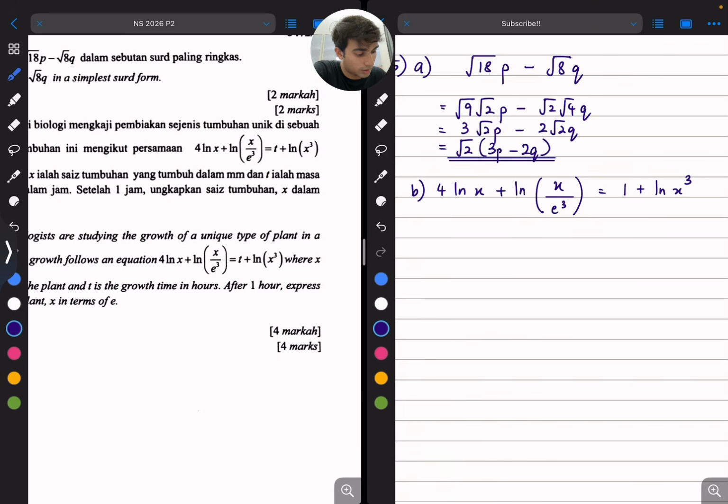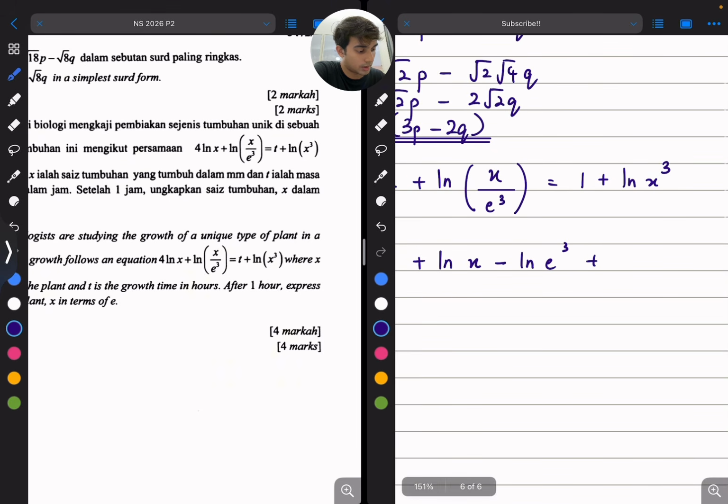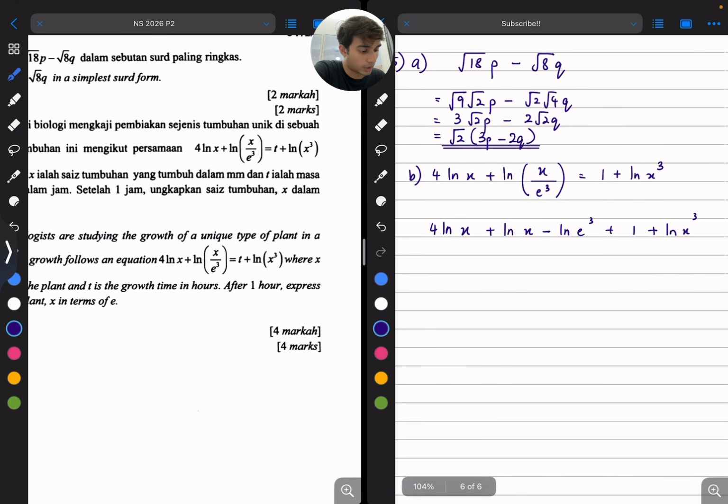So in this case, for ln, if you have ln and you have divide, we can split it into minus. So it will be ln x minus ln e cube plus 1 plus ln x cube. Okay.